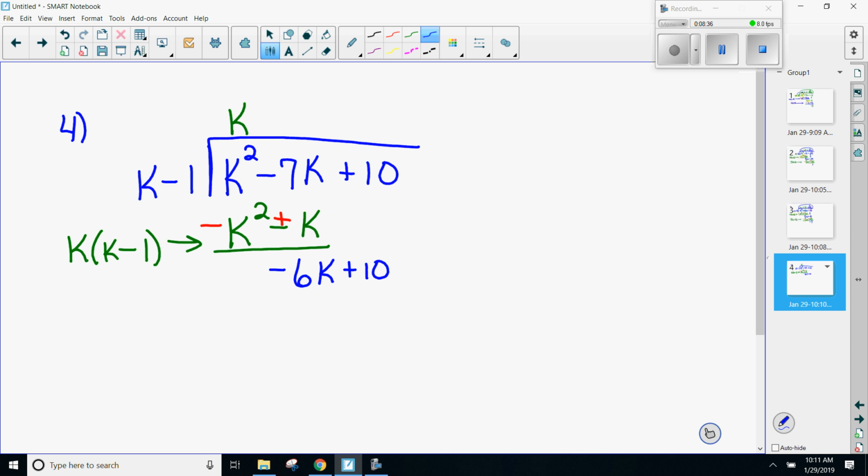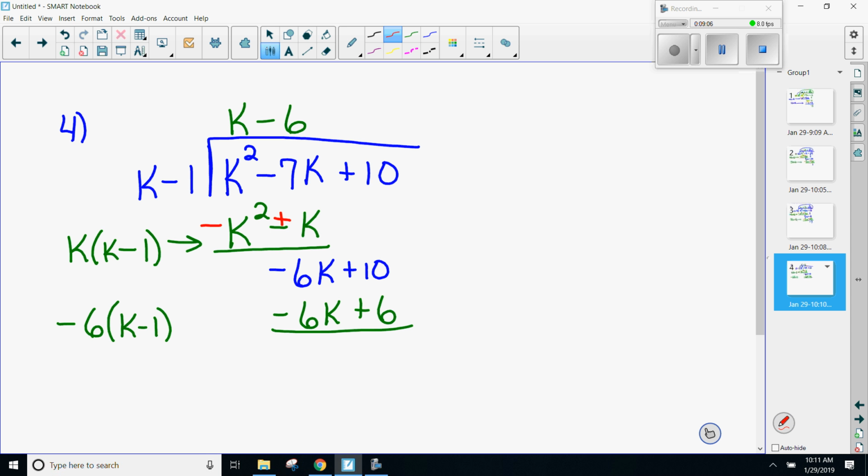And then bring down your 10. Now here's where you've got to be careful. Because what do you multiply k by to get negative 6k? Negative 6. You want that same value and then subtract it. So I need to take negative 6 times k minus 1, which gives you negative 6k plus 6. You want the same value because then we subtract it.